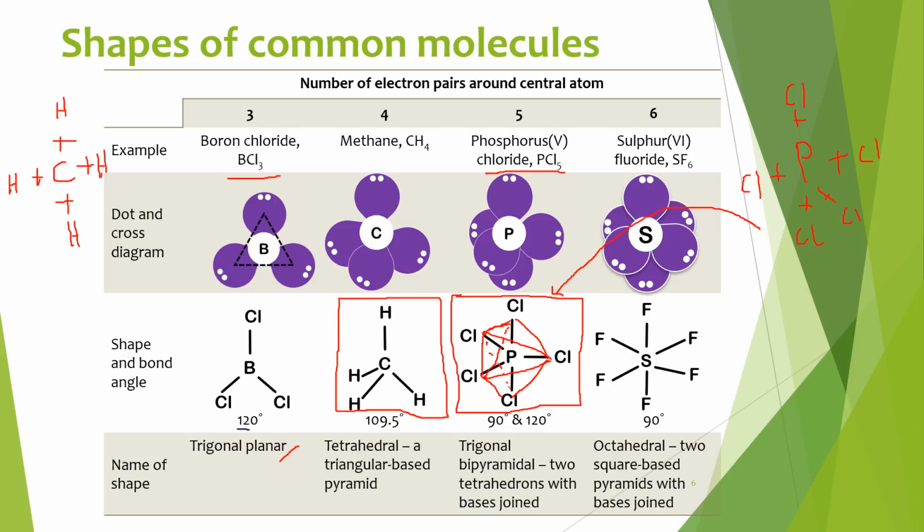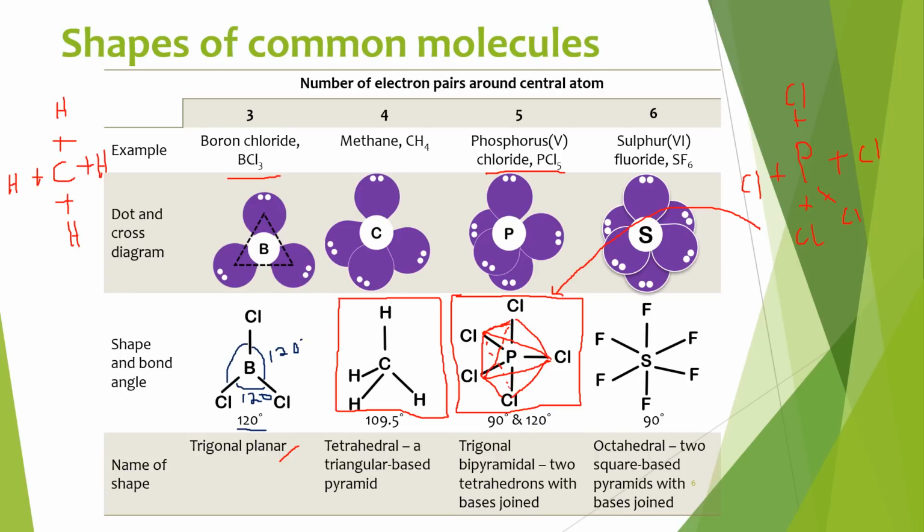For trigonal planar, you will have a 120 degree angle between the side atoms. Between the first Cl and the second Cl, it will have 120 degrees, and the same with the bottom angle, it will also have 120 degrees. So this is what you call the bond angle.